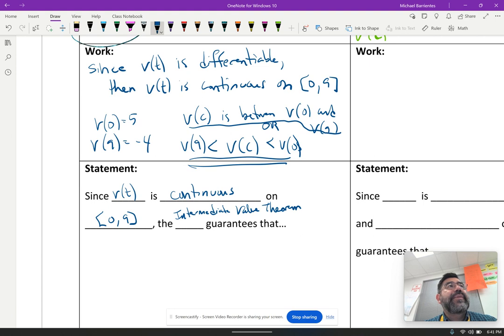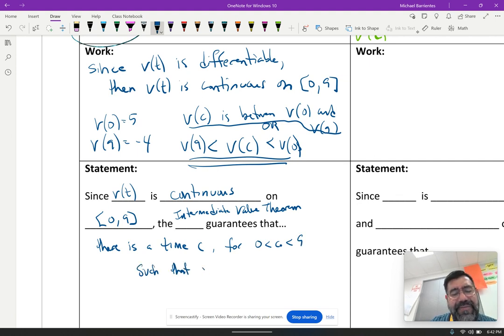What is it going to guarantee me? That there is a time c. You can even say there's a t equals c, because I guess it would be the same thing. A c value between 0 and 9, such that v of c is equal to negative 1.